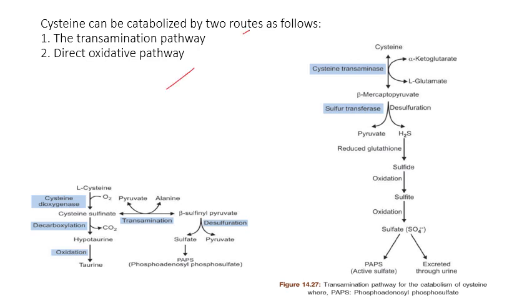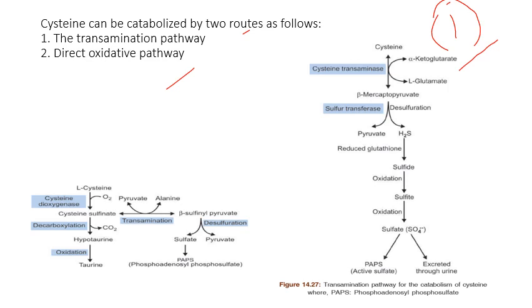So the first pathway you can see there is the transamination pathway. Cysteine undergoes transamination with the help of cysteine transaminase enzyme, and the amino group is accepted by alpha ketoglutarate, which is converted into a new amino acid, glutamic acid, and the new keto acid is beta mercaptopyruvate.